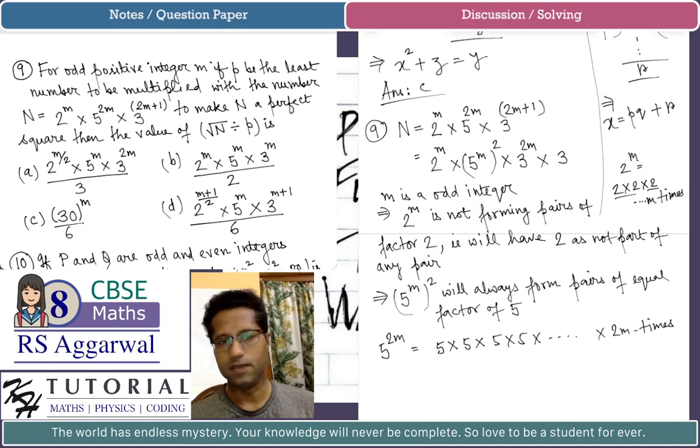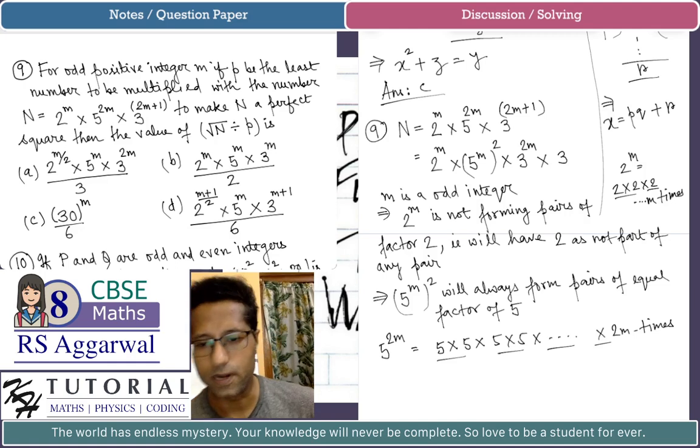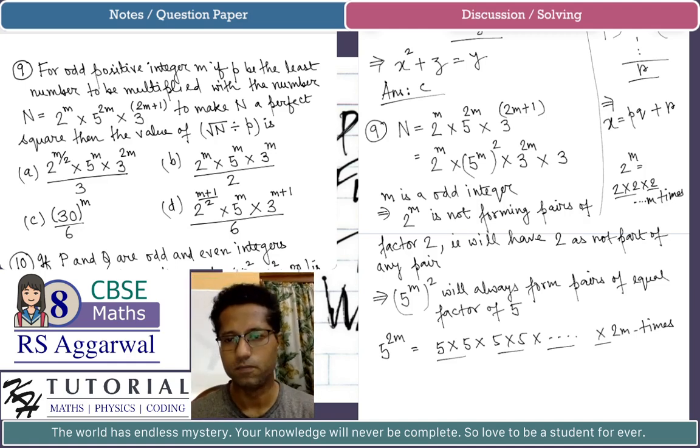For any integer m, twice m will always be an even integer. So we can always have pairs of equal factors of 5 in 5 to the power 2m. So this is okay.